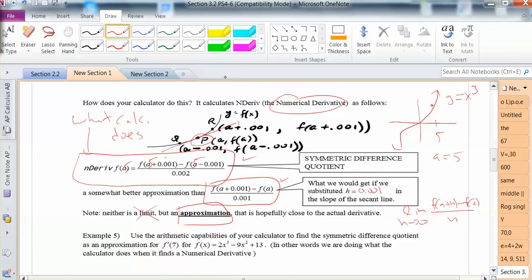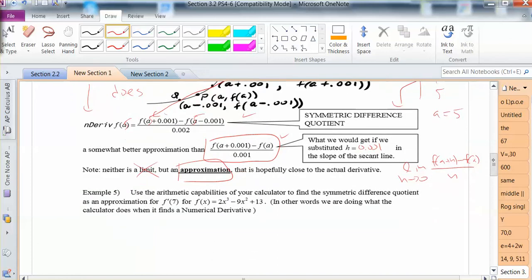If you connect the 2 points that are close to point P, what you'll notice is that you're drawing a secant line. But we're hoping that secant line is close enough to the tangent line, which is what the calculator does. Of course, when we go through the actual derivative analytically, we're finding the slope of the tangent line.